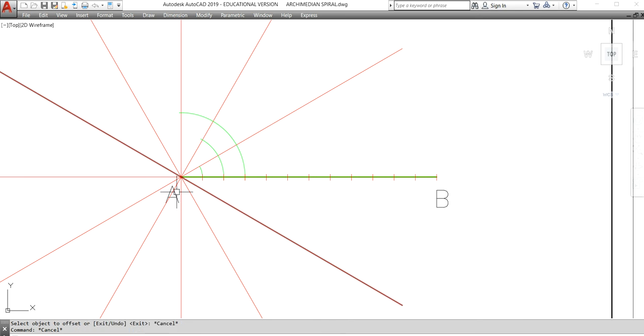So remember, the point is traveling from A till B. So all we need to do, open the compass from A till the first point, and we do an arc stopping on the first radial, which is the line at an angle of 30 degrees.